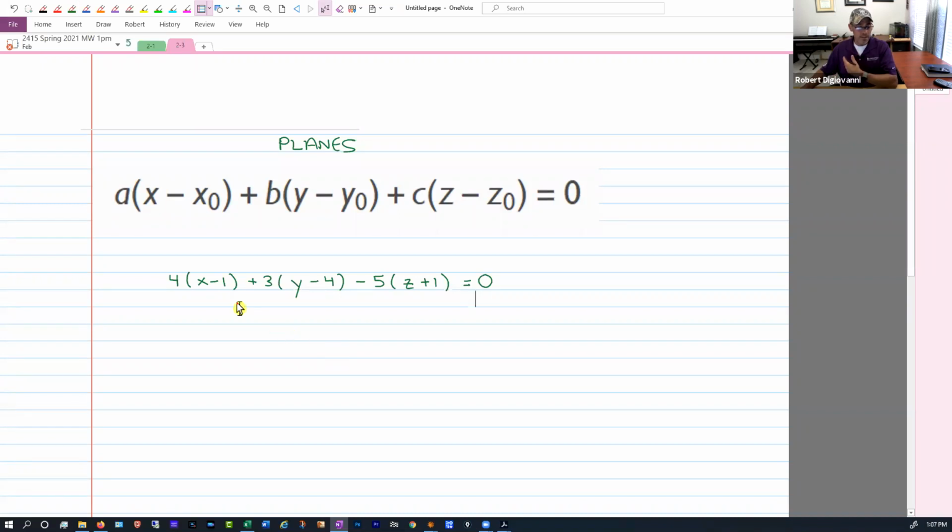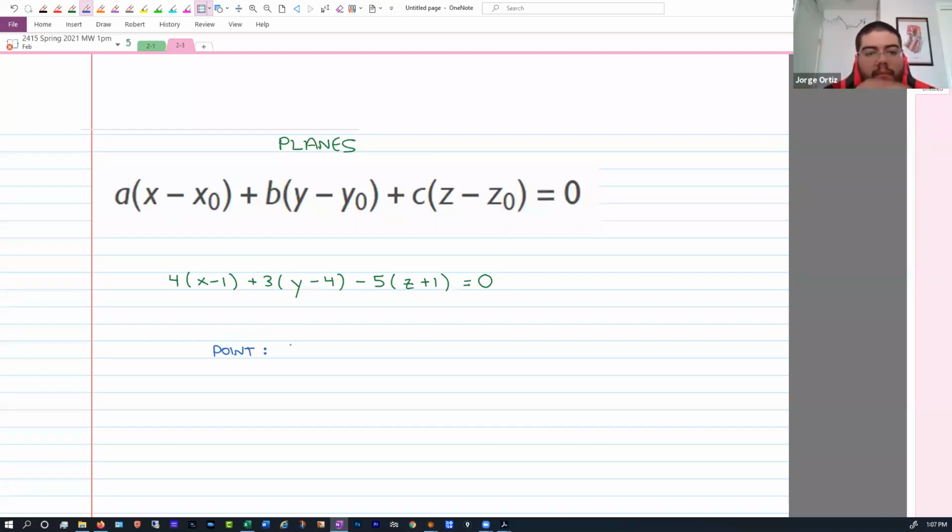The way I know that is because it contains x, y, and z, and all the variables x, y, and z are linear. None of them are squared, right? That tells you we're looking at a plane. So can somebody tell me right now what point lies on this plane? I mean, there's infinitely many points, but from looking at this, can somebody tell me a point that actually lies on the plane? Go ahead, anyone.